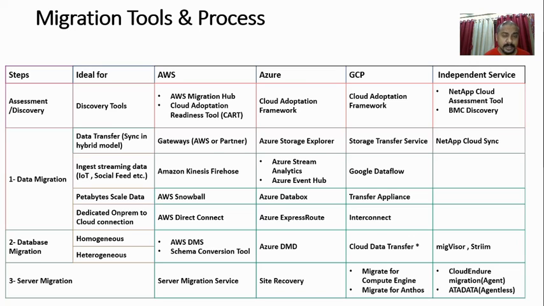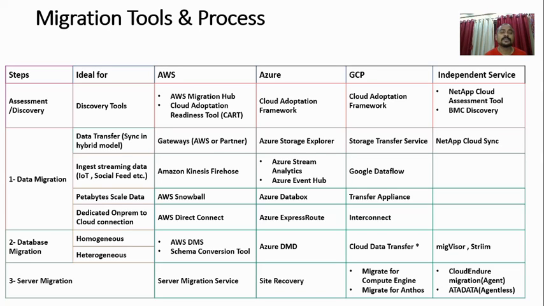Now, data migration can be for your static data or any object that you want to move. Again, it can be your database migration. I'm repeating the same thing, but you should understand this aspect. Suppose you are migrating your database from your on-premises PostgreSQL to a cloud Oracle database.